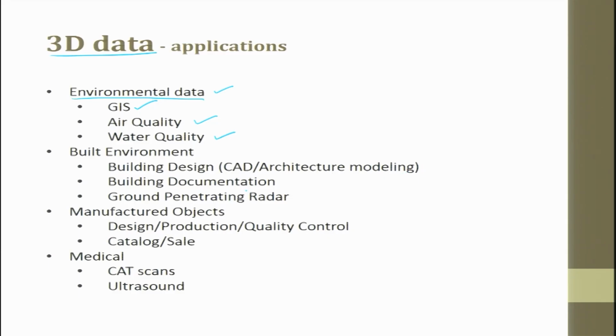Building documentation, ground penetrating radar, manufacturing objects, design, production, quality control, and catalogs and scales all use 3D data. In medical applications, we use CT scan and ultrasound, and we also use 3D data.